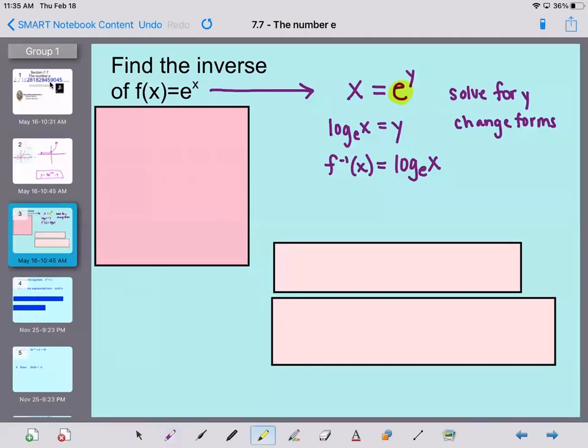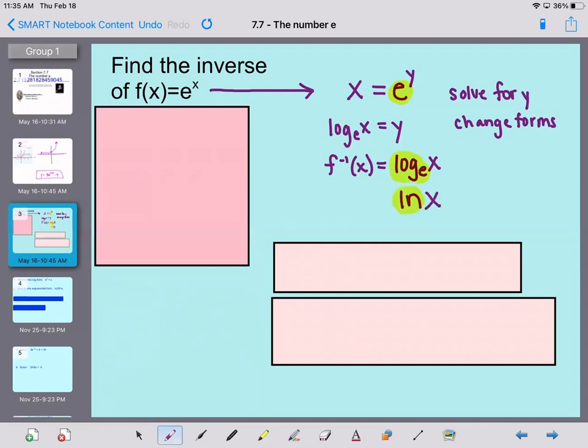Instead of log base E, we are going to change that to ln. The log base E got replaced with ln. ln stands for natural log. The argument was x, log base E of x. X was the argument, so x is still the argument.